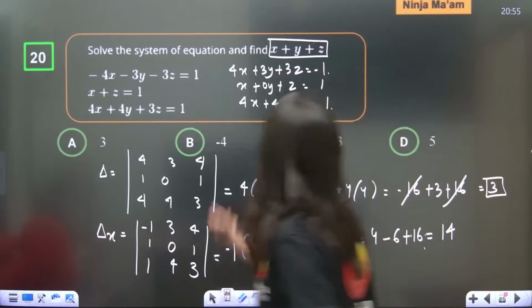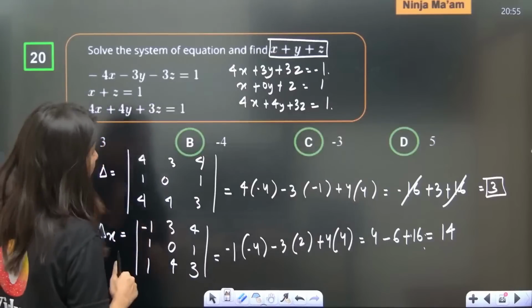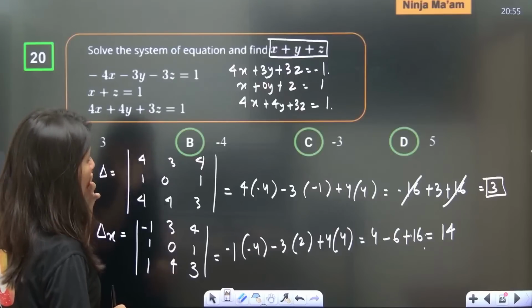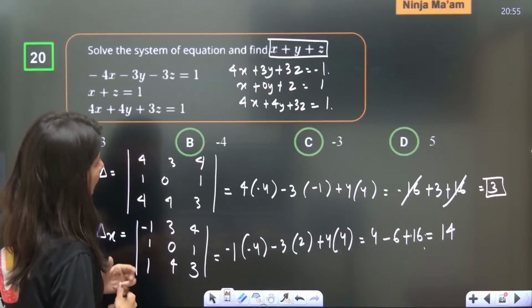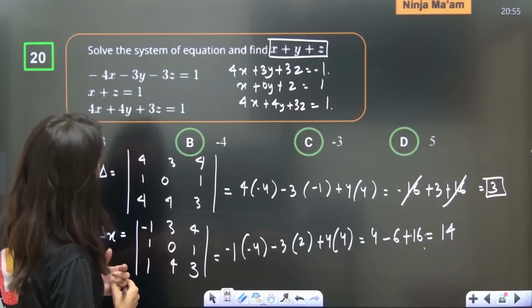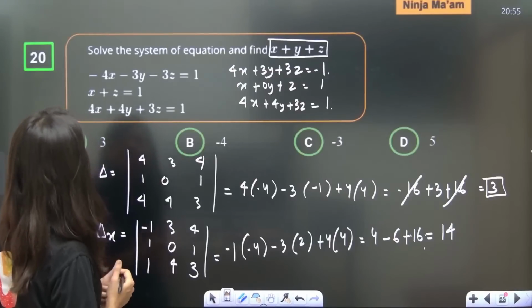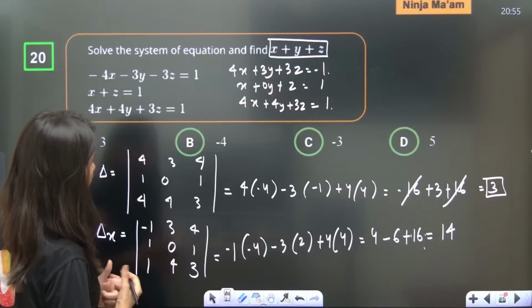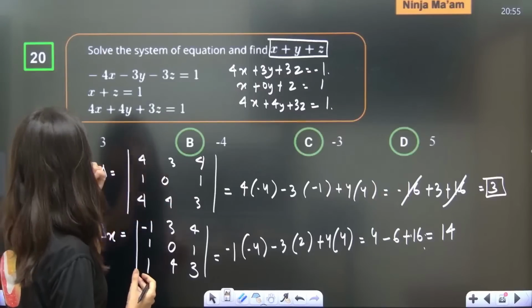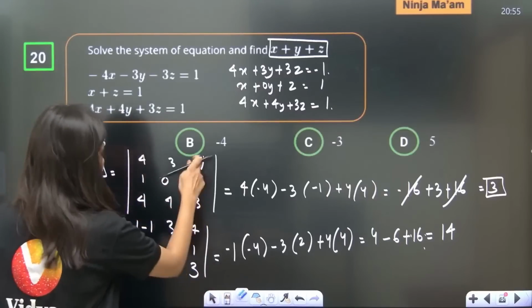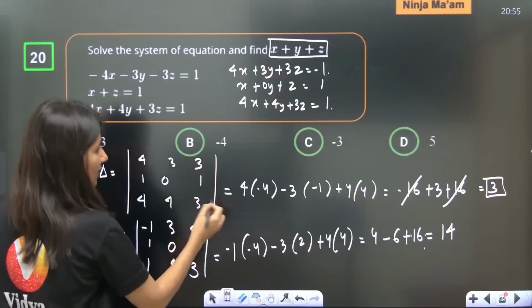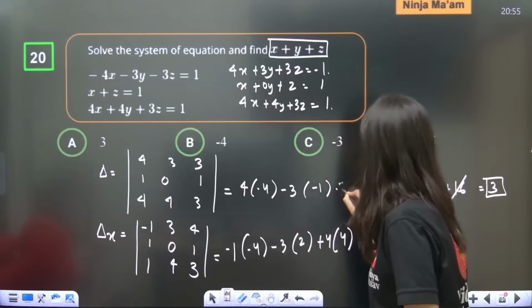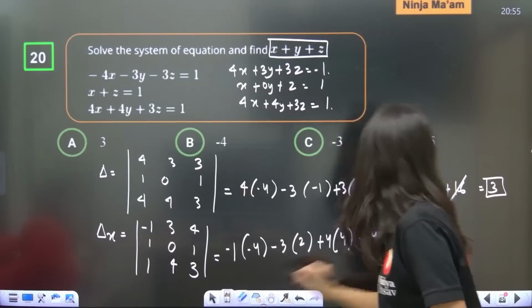Hold on, let me check. So this is minus 1, 1, 1, correct? This is then 3, 0, 4, 3, 1, 3. Oops, this is 4, 1, 3. Hold on, 4, 3, 4. 4, 3, 3. This is also wrong, right? 4, 3, 3. This is 3, my dear students, 3. So this is 3 times 12.